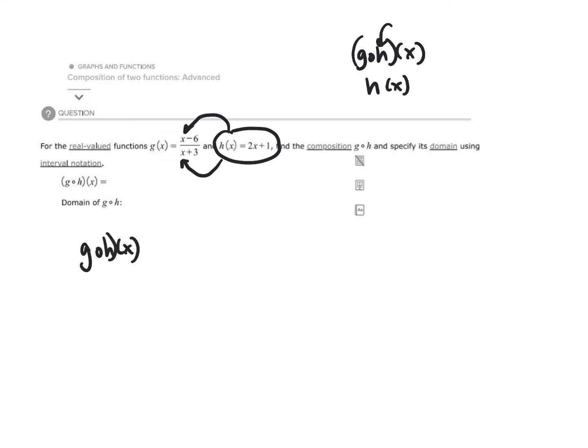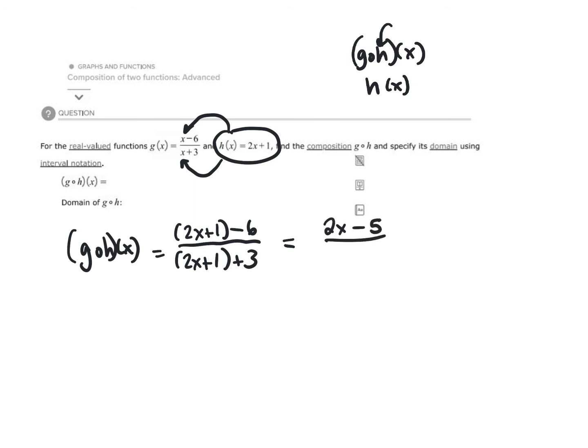So g composed with h of x is going to be 2x plus 1 minus 6, all over 2x plus 1 plus 3. Now I can simplify those by just simplifying the top, 2x minus 5 over 2x plus 4. So my final answer here has a problem because there's obviously a denominator, and the denominator can't be 0.